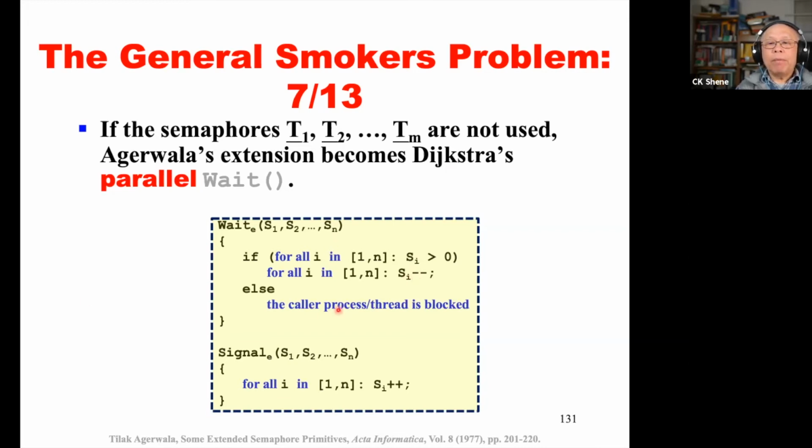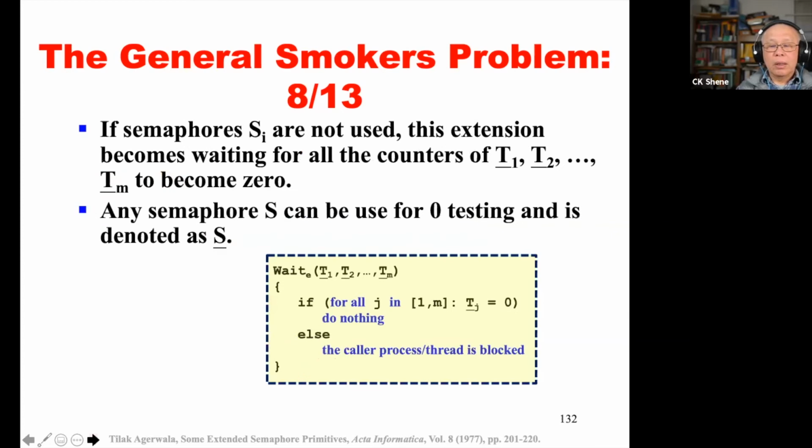And if there is one semaphore in the S set whose counter is not greater than 0, the caller is blocked. By the same reasoning, because the signal part does not distinguish the S set and the T set, we just add 1 to the counters. So this is the form that does not use the T set.